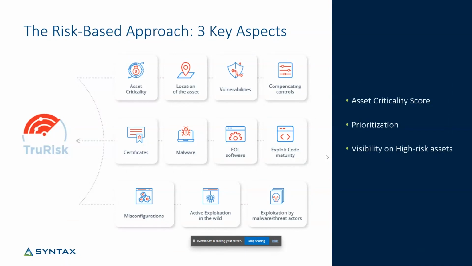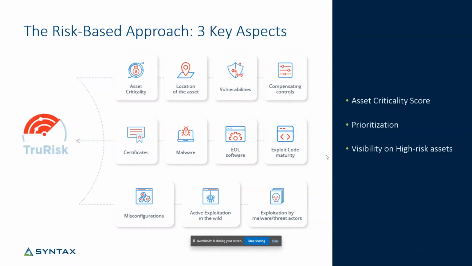One of them is the possibility of adding asset criticality to every one of your assets in your environment. These criticalities can be assigned automatically, which is super nice. And all of those will also have a tag associated to each one of them.